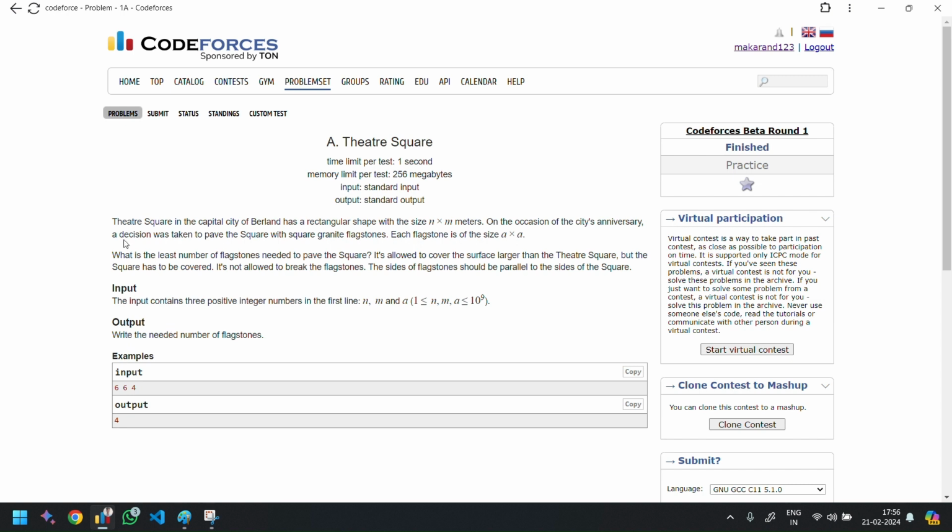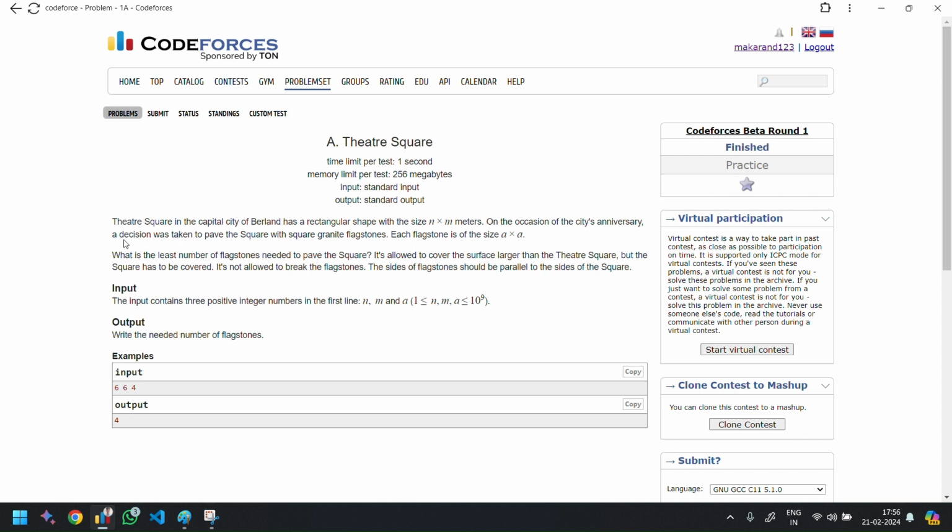Let's first read the problem statement. It is given a Theatre Square, which is a rectangle of side n and m meters, and we have flagstones. Flagstones are nothing but tiles, which are squares of side a.